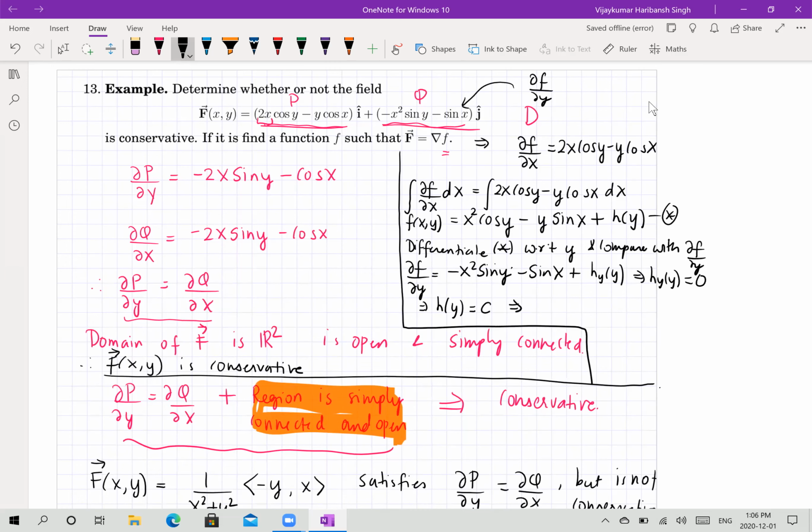This implies f(x, y) is equal to x squared cos y minus y sin x plus some constant c.